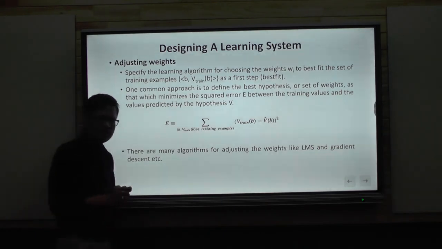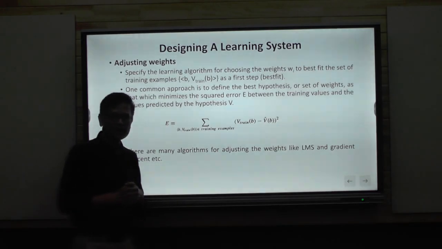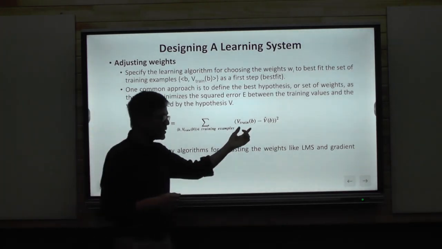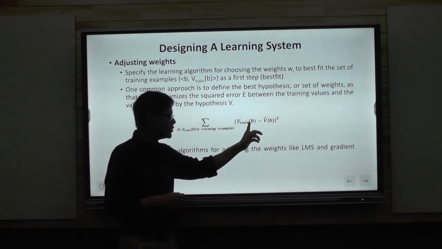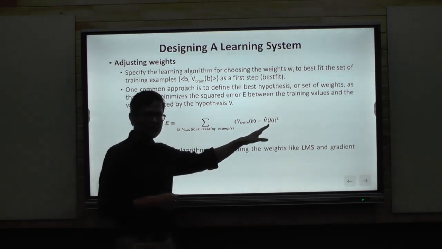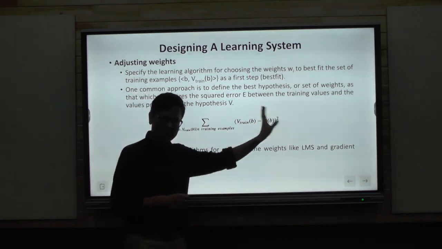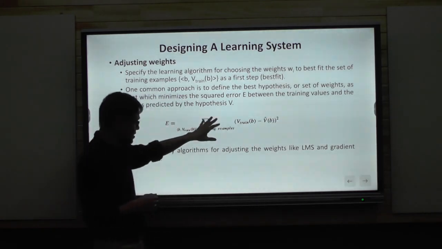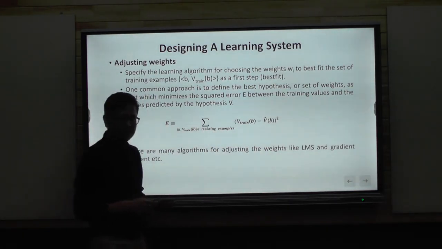Our training can start by calculating error. So V_train minus V̂. You take the difference between the training value and the actual value, square that error, and do a summation for all training examples, and that is your error.